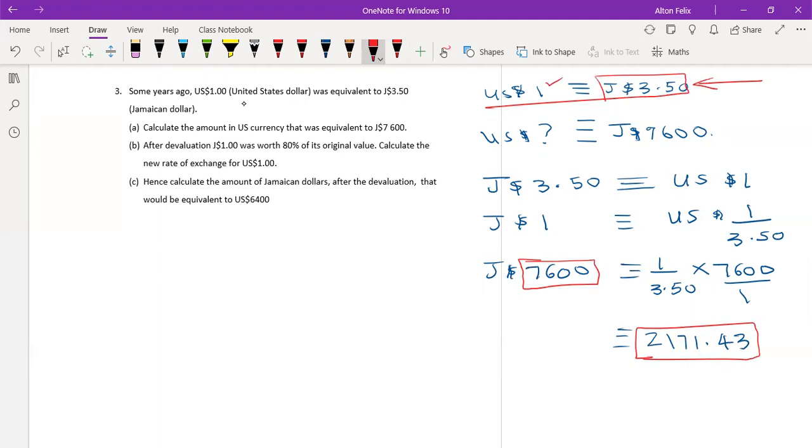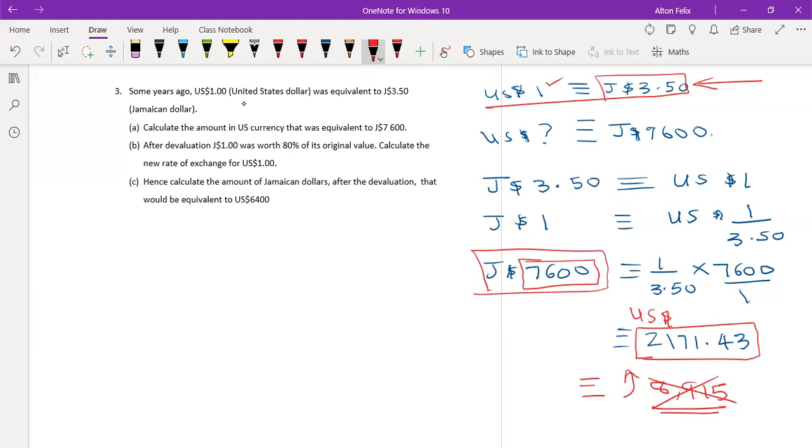So if a student calculates an answer and gets, let's say, 8,915, I'm just using that arbitrary number, for the US dollar amount, we know that will be incorrect based on the exchange rate. You are giving up more Jamaican for every 1 US. So you cannot have an answer for US dollars which is more than the Jamaican amount. So we need to watch out for that.